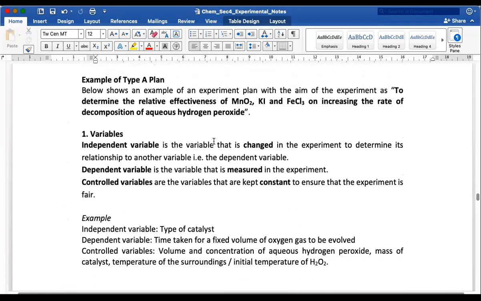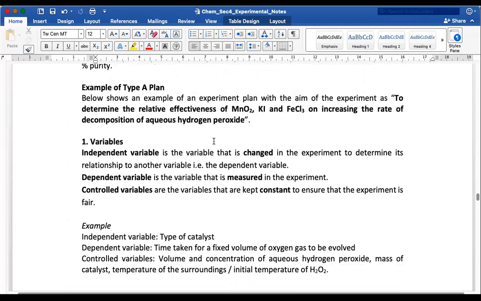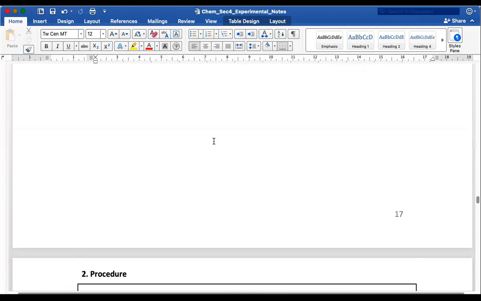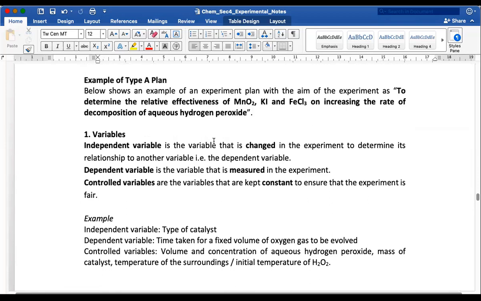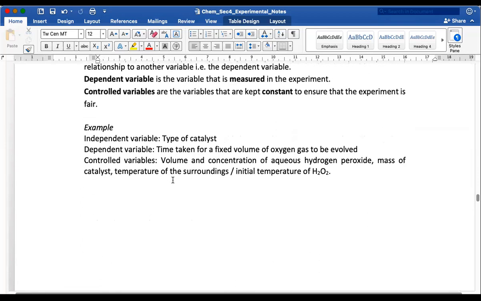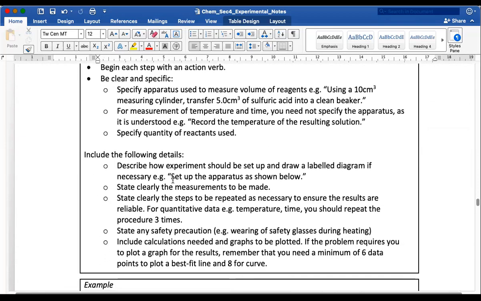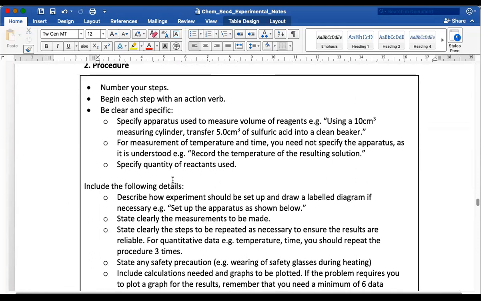So I actually break down into different parts, like variable state, and procedure. These are some of the information I tell my students, like how you must number your steps, start each step with an action verb, be clear and specific. If the apparatus is used, you need to specify the size and the quantity.